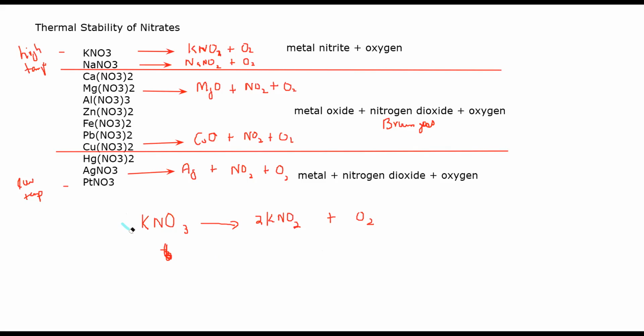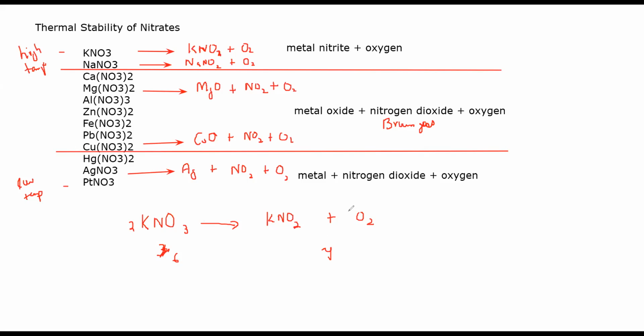Is it clear? We started with oxygen. When we check oxygen on our left hand side, we have 3 oxygen. On the right hand side, we have 4 oxygen. So I can increase the oxygen number by putting a 2. 1 is already there, so I put 2. When I put 2 here, the oxygen is now 6. So I have to make 6 oxygen on the other side.